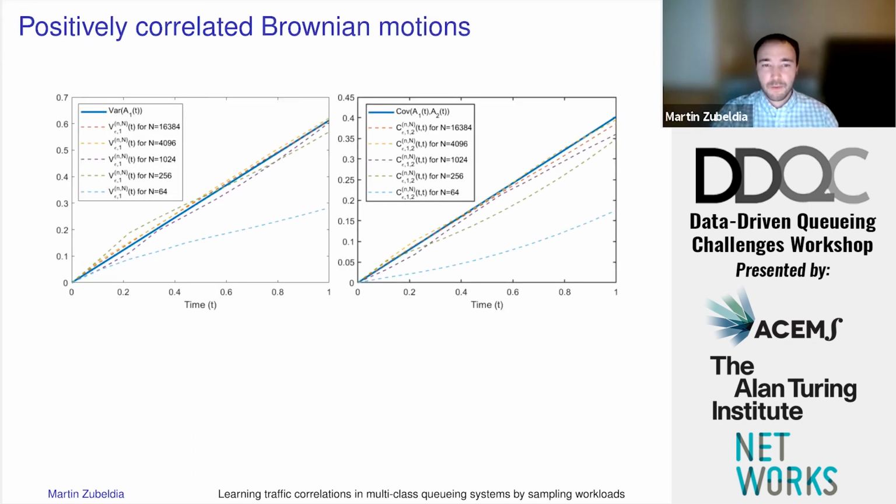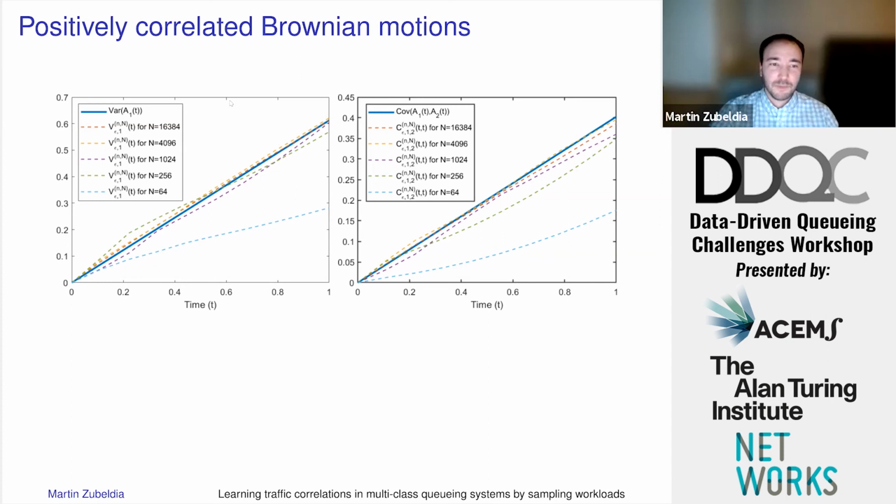And first, what we see is here we have the true variance and the true covariance in blue, and then our estimates in dashed colors for different numbers of samples. So the left are the estimators for the variance, and the right are the estimators for the covariances. For the variance, we see that if you have 64 samples, then it's not going to work out. You're going to get kind of garbage.